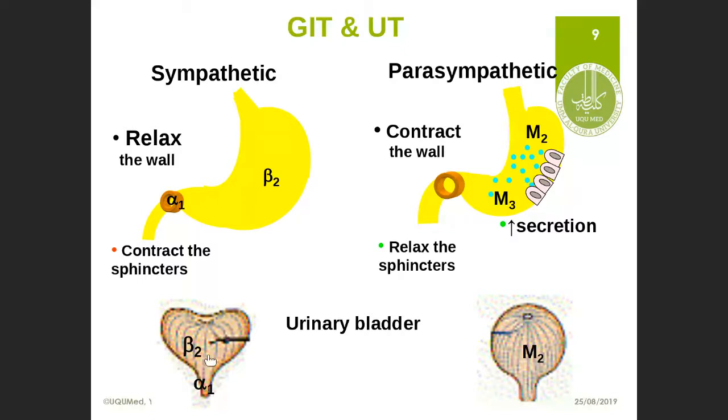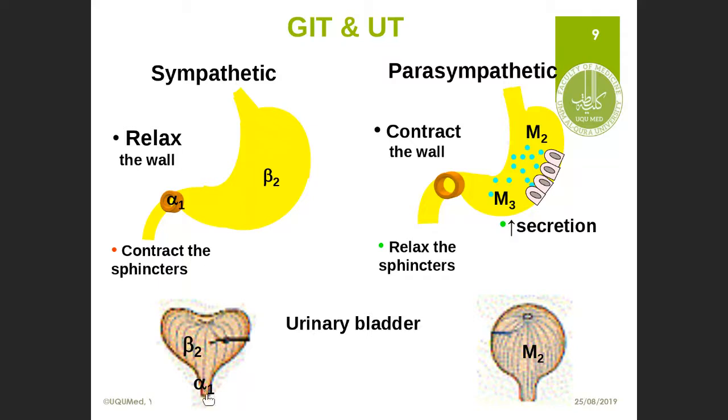Only the beta 2 receptor is stimulated to contract the bladder to manage the urine volume inside the bladder. The alpha 1 receptor is managing the sphincter, opening or shutting, contracting. So alpha and beta have different functions in the urinary bladder: contraction of the bladder, and constriction of the sphincter muscle.